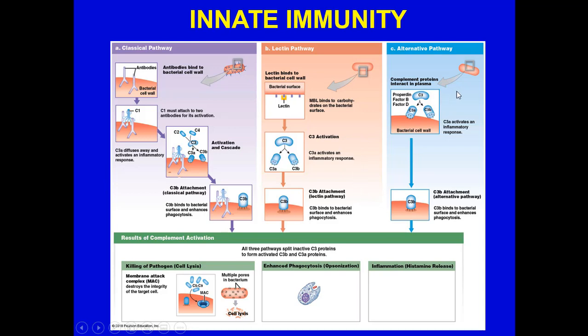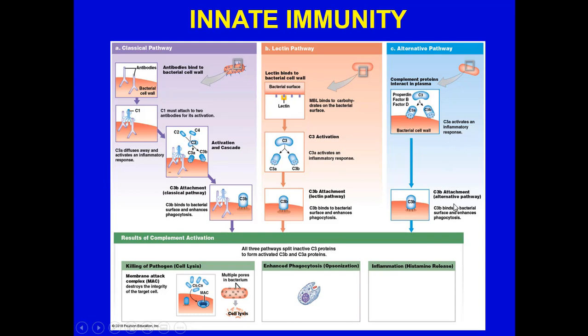Now, the last one is a complement protein that interacts with plasma. And in the plasma is this properidin. You also have several other factors, factor B, factor D. And what properidin does is it causes the C3 to be cleaved in half, just like in these two other cases. And the C3a activates an inflammatory response.